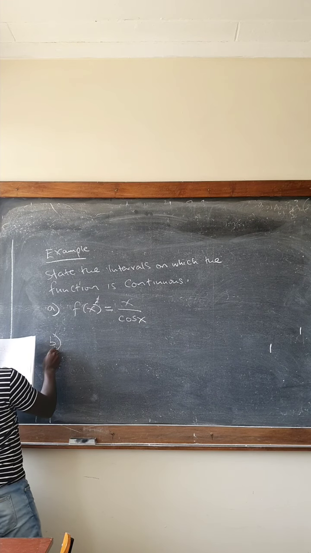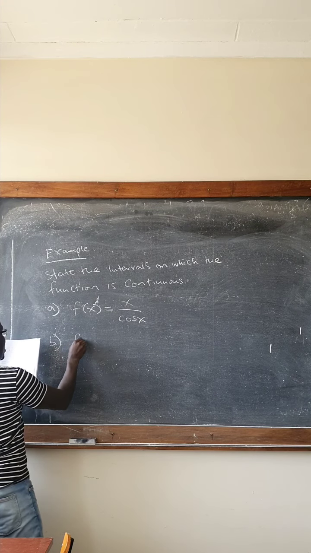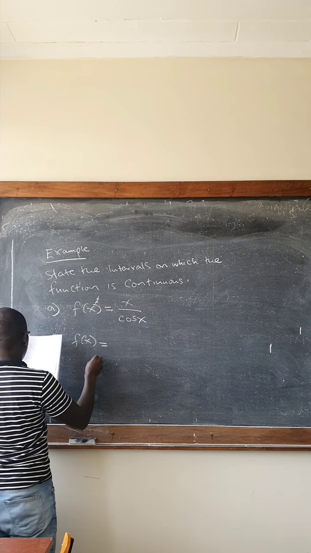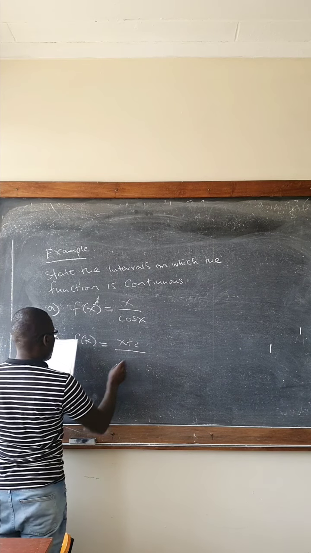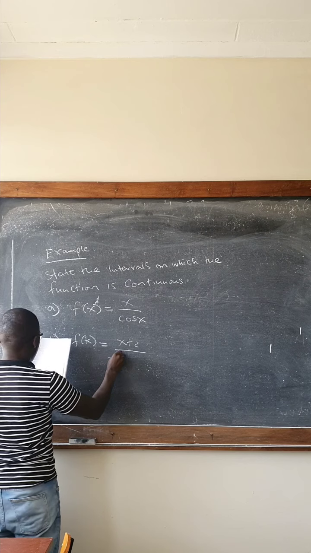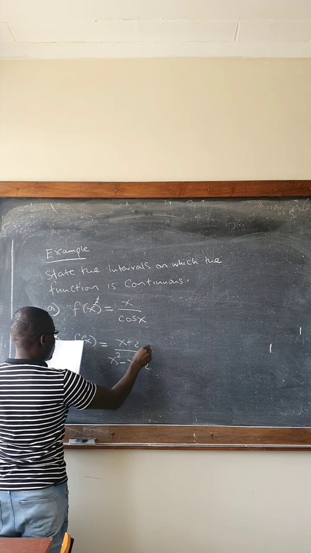And maybe b is f of x, which is equal to x plus 2 divided by x squared minus x minus 2.